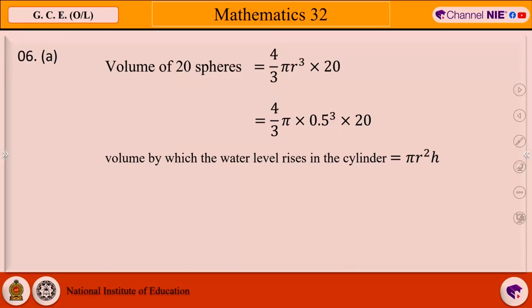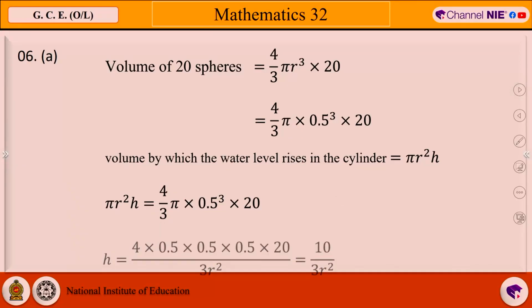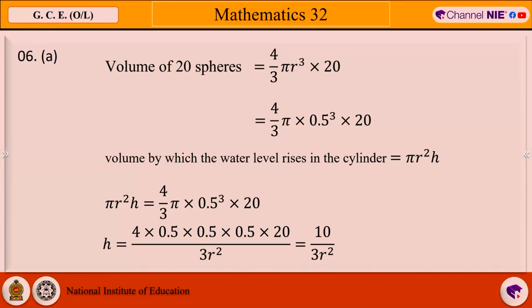Okay, using these two expressions, we can get this equation by making these two expressions equal. So, you get π r squared h equals 4 over 3 times π times 0.5 to the power 3 times 20. Here easily you can simplify the term π and you will get h equals 4 times 0.5 times 0.5 times 0.5 times 20 over 3 r squared. So, by simplifying this you will obtain the given expression for h.